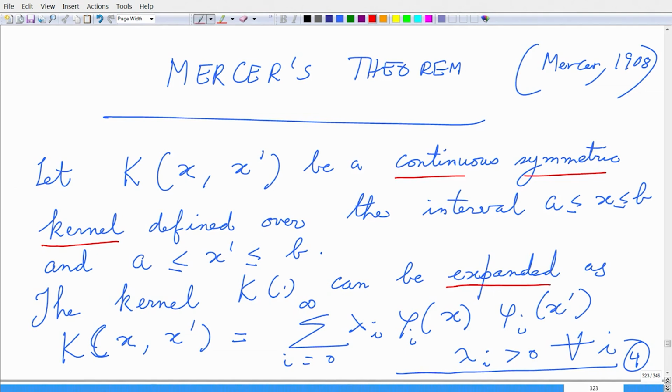It is a summation i equals 0 to infinity lambda i times phi i of x, phi i of x prime, and lambda i is greater than 0 for all i. This is basically like an infinite summation, and someone seeing this can sense that these phi i's are like the eigenfunctions and lambda i's are the eigenvalues.